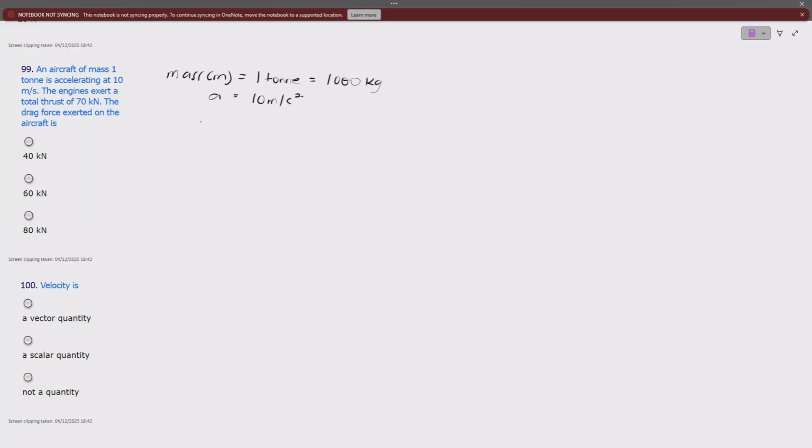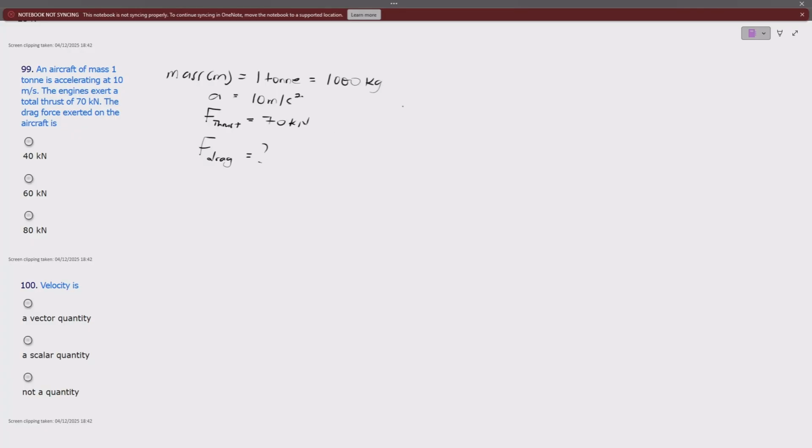So acceleration equals 10 meters per second squared. The engine exerts a total thrust. So that's the F thrust. F thrust equals 70 kilonewtons. The drag force exerted on the aircraft is, so you need the drag force.